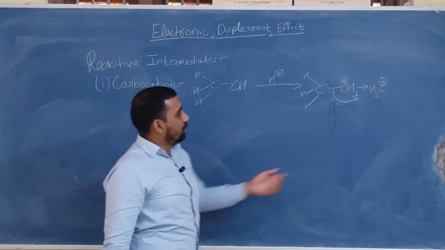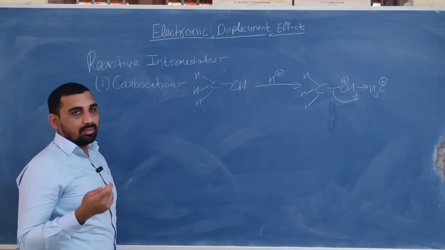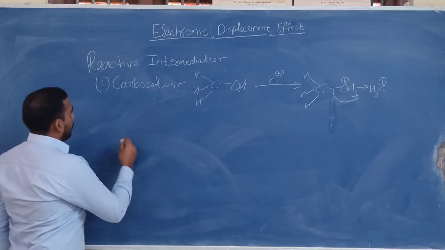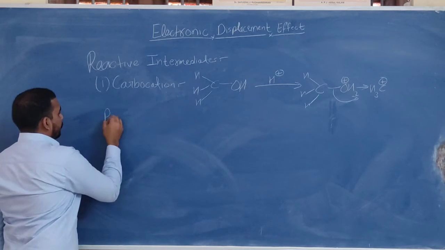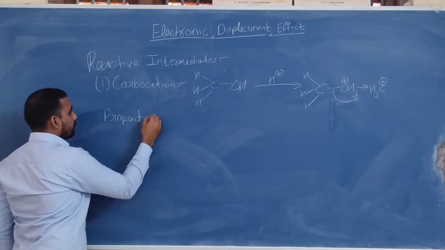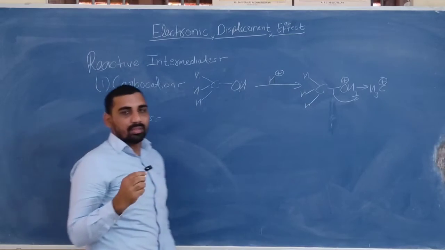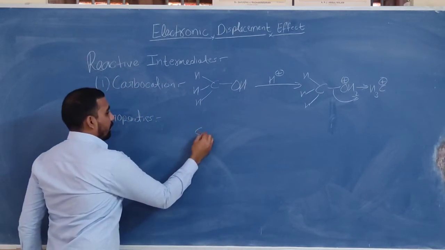Then what are the properties of any carbocation? What is the structure? What is the geometry here? Basically, the structure of a carbocation is planar.